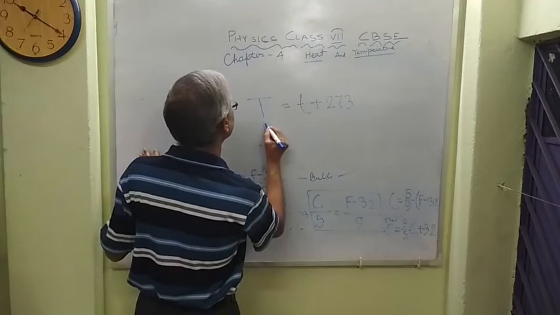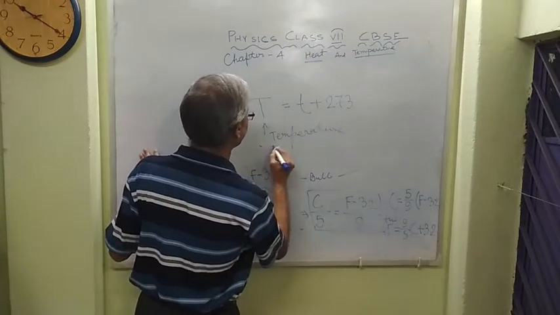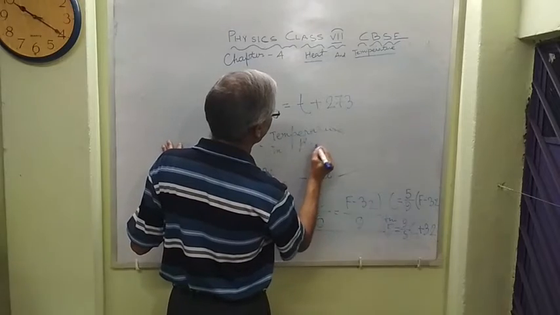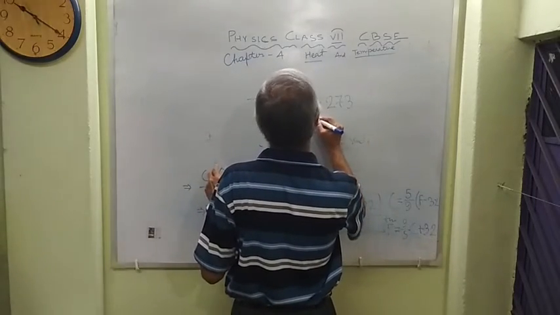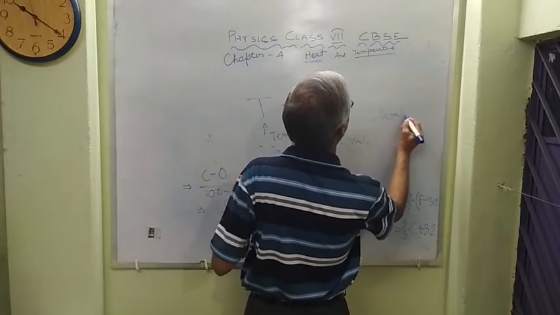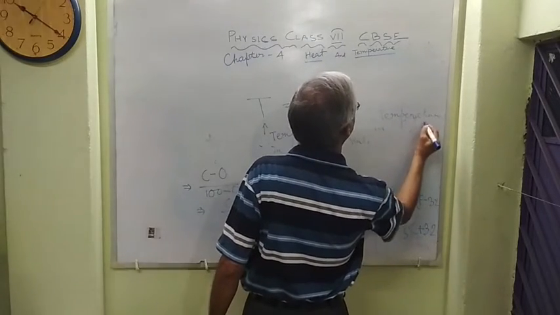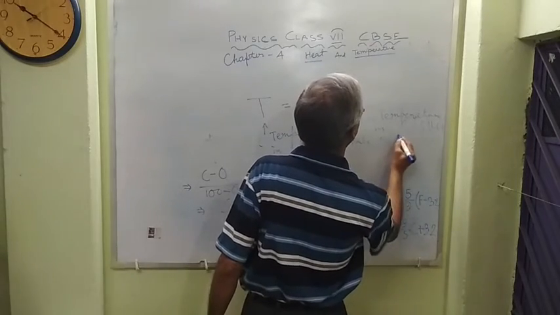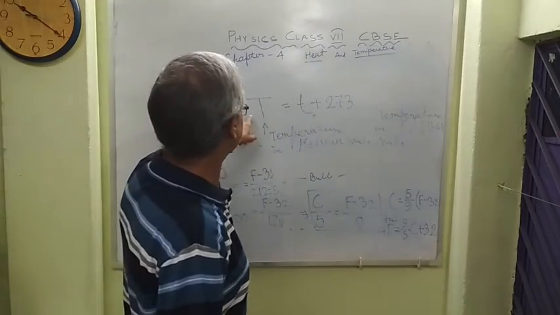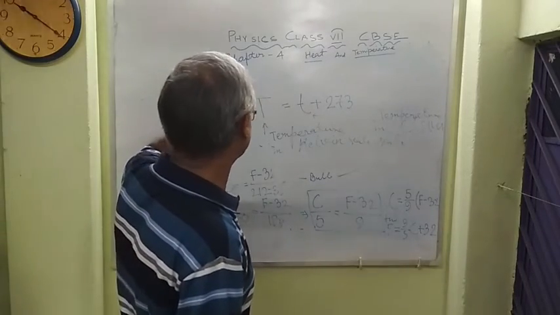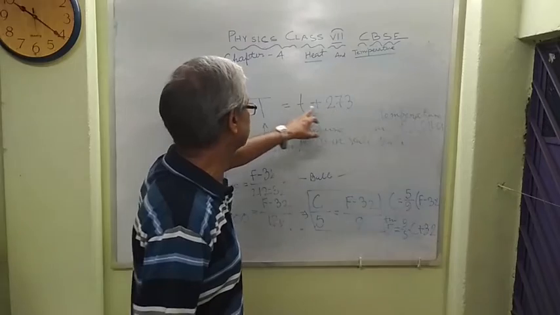Capital T equals t plus 273. So 0 degree Celsius equals 273 Kelvin, because t is 0, and t plus 273 is 0 plus 273.